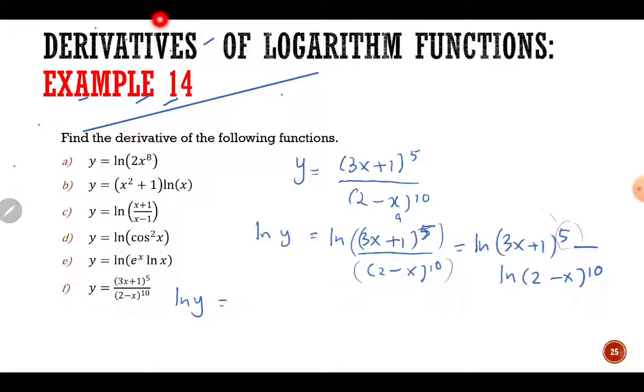So we may bring to the front, we have 5 ln 3x plus 1 tolak 10 ln 2 tolak x. Ni letak dalam modulus sebab kita kena pastikan value tu sentiasa positif ln. Kalau tak, kita tak dapat answer.